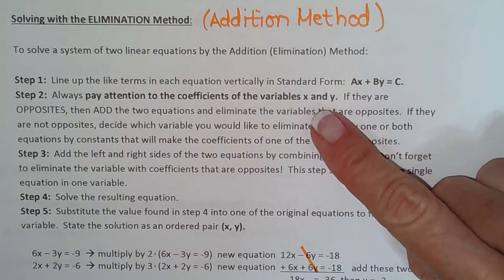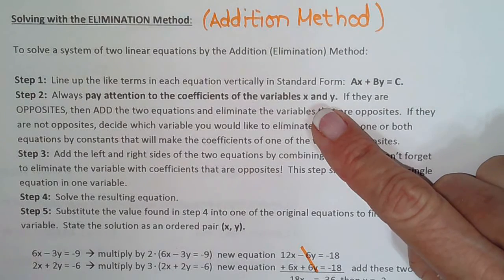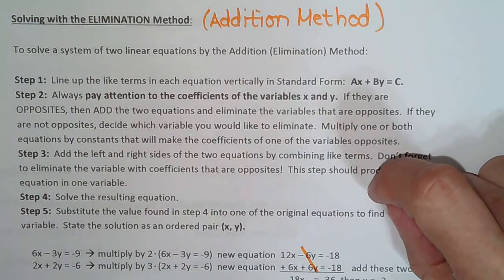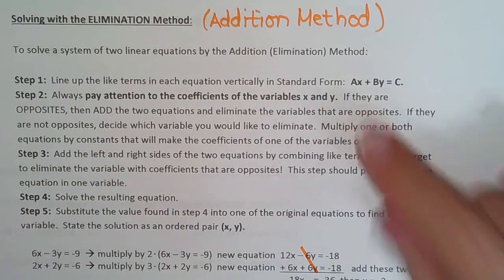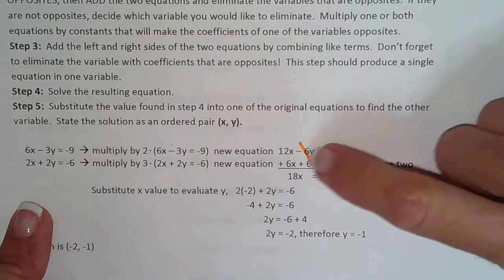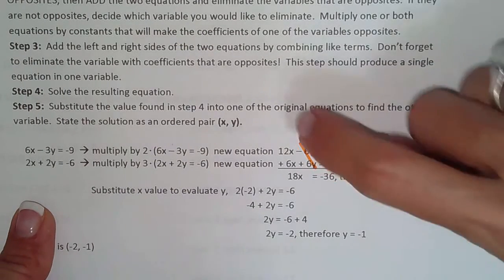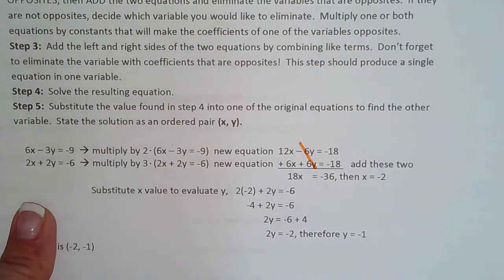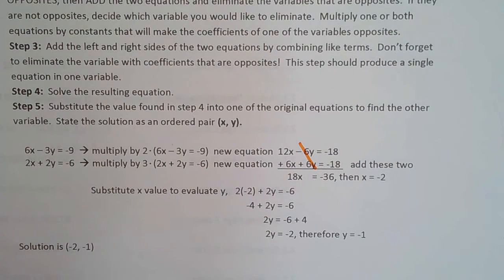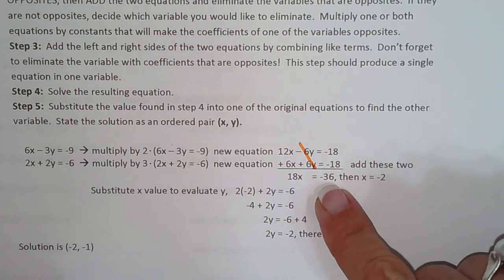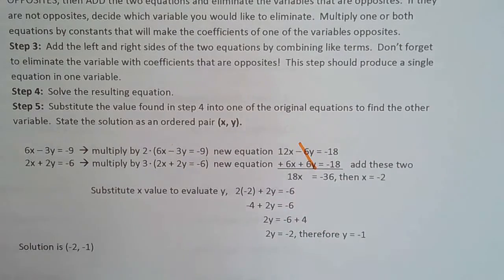Then we pay attention to the coefficients of the variables. If they are opposites, we add the two equations together and eliminate the variables that are opposites. For instance, aren't negative 6y and positive 6y opposites? So we draw a line through and we eliminate the y variable, because remember, we only know how to solve an equation with one variable. We don't know how to solve it with two.